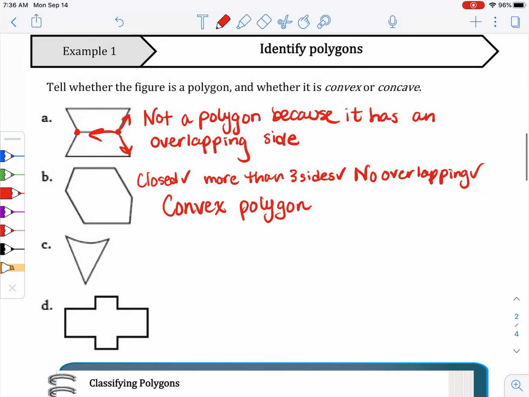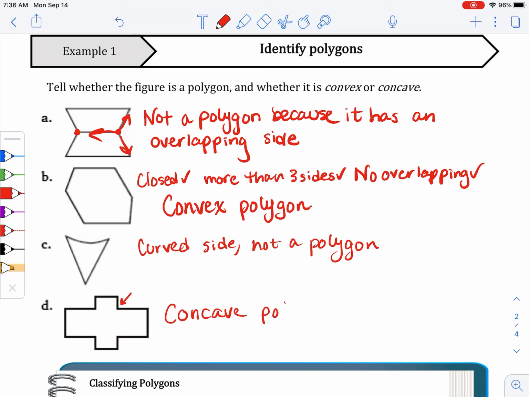Part C, we have a curved side here, so this is not a polygon. And for part D, this is closed, more than 3 sides, no overlapping sides. But if you notice here, we have that caving in part, so we consider this a concave polygon.